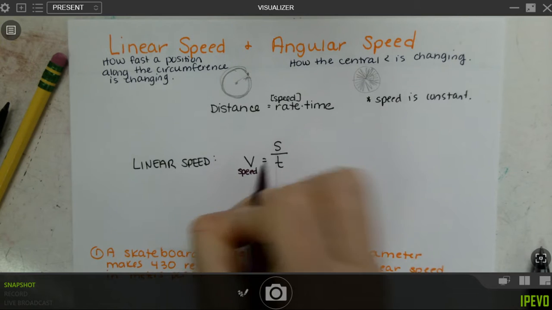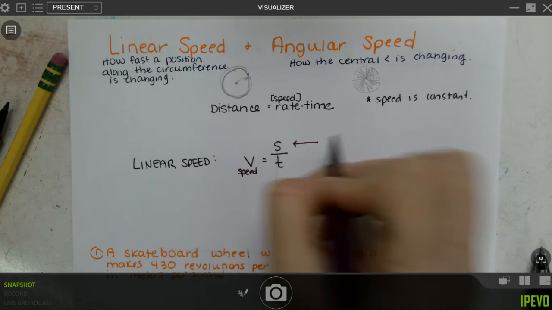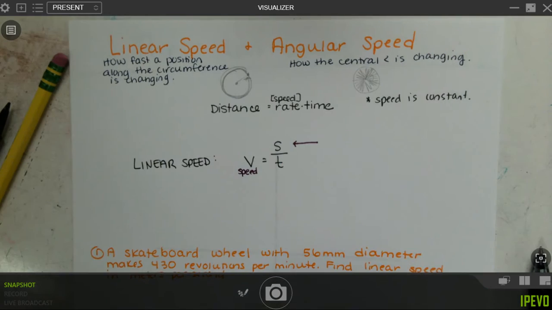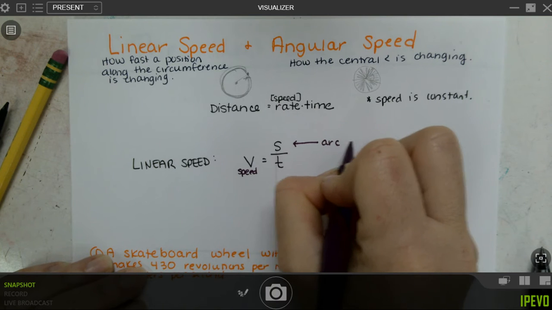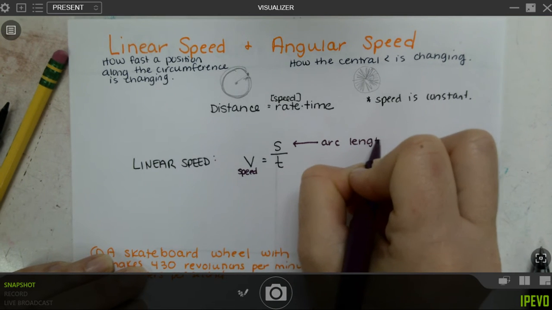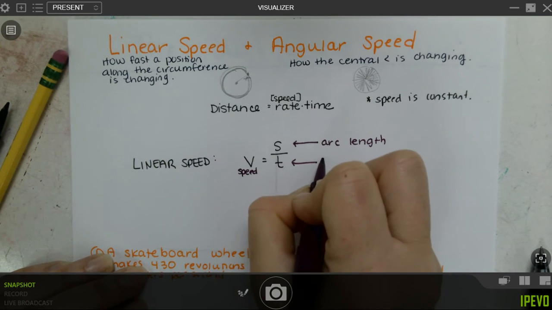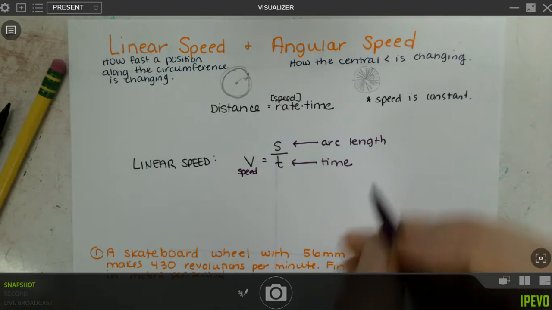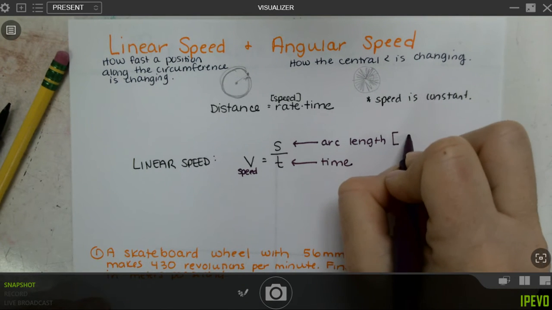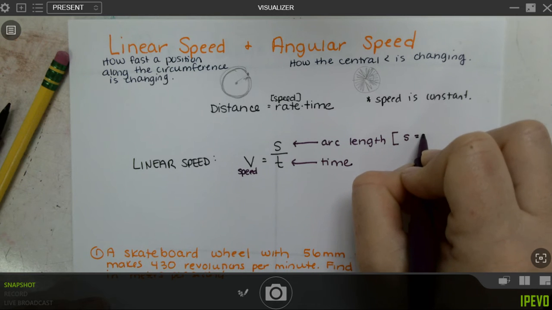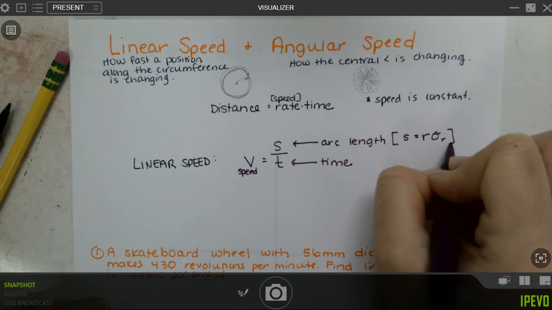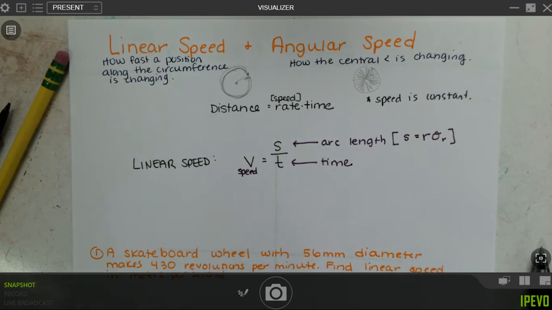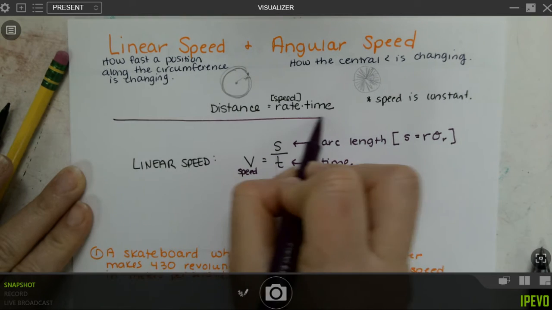What was s, do you remember? Arc length. And the t is time. It may be helpful to write down the formula for arc length that we used the other day, the radius times the measure of the angle in radians. So this is the formula for linear speed.